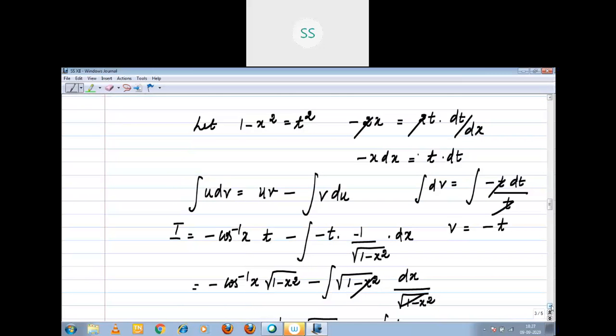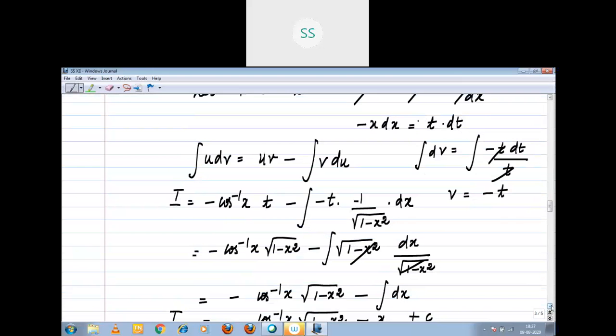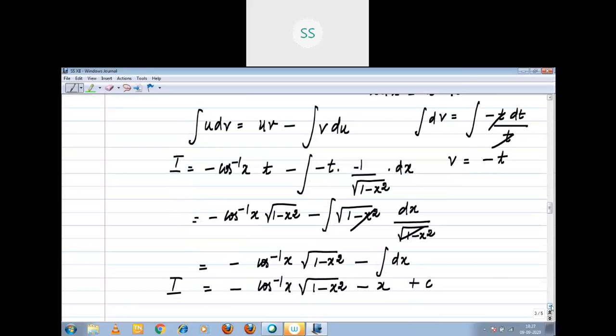Here two variables are there, so everything you are going to convert in terms of x. So t should be replaced by what? Root of 1 minus x square. Finally, you arrive at minus cos inverse x root of 1 minus x square minus x plus c.